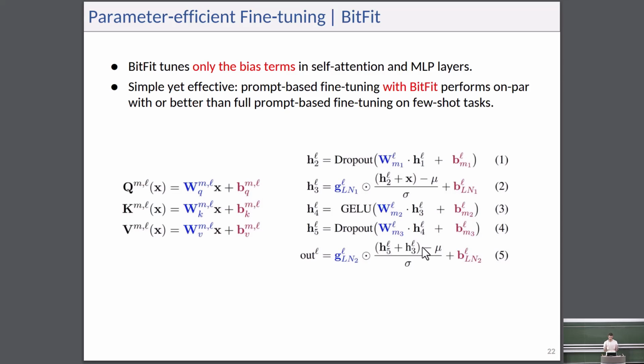For instance, we update only the bias terms in the self-attention that we have in transformer blocks. Those are, of course, a much smaller subset of all the weights. And the nice thing there is that, with I think 0.1% of the weights to update, you still get pretty much the same performance as you would get with the total fine-tuning.